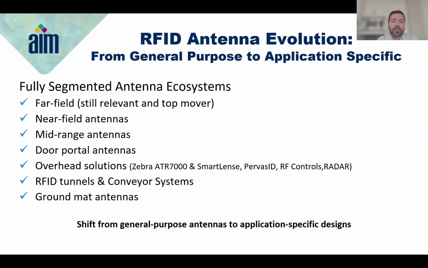If that's tracking assets, managing inventory, workflow visibility, it's important to choose the right antenna to ensure your system performs reliably and it's giving you guys and your partners and clients the results that they're expecting. We're also going to discuss how choosing the right partner with that expertise can simplify that process, help you make informed decisions and improve your performance, reduce trial and error, and support you guys long term.